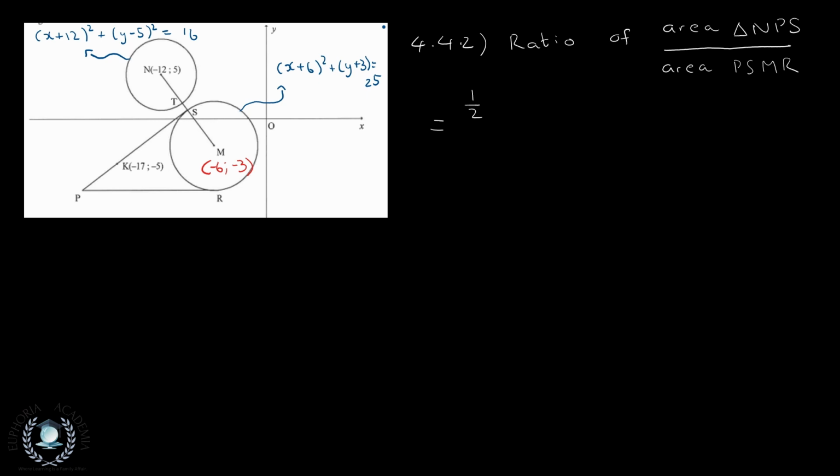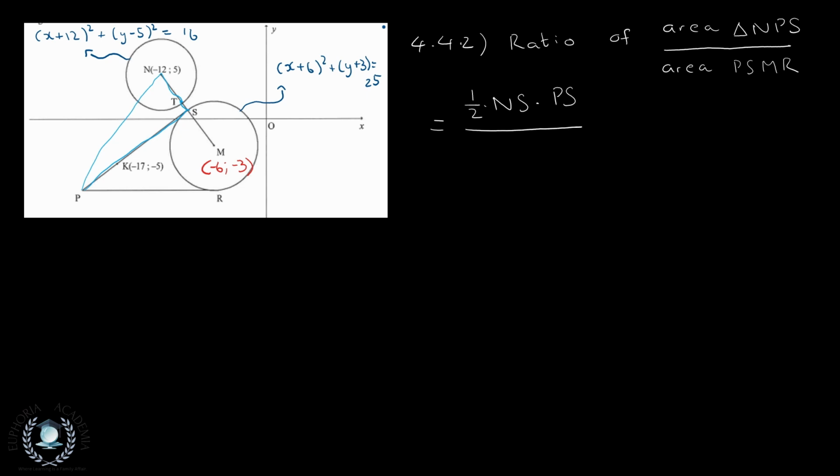Triangle NPS is this triangle over here, the triangle in blue, and the base will be NS. Alright, so let me just quickly switch pens. So half of the base NS multiplied by the perpendicular height PS.